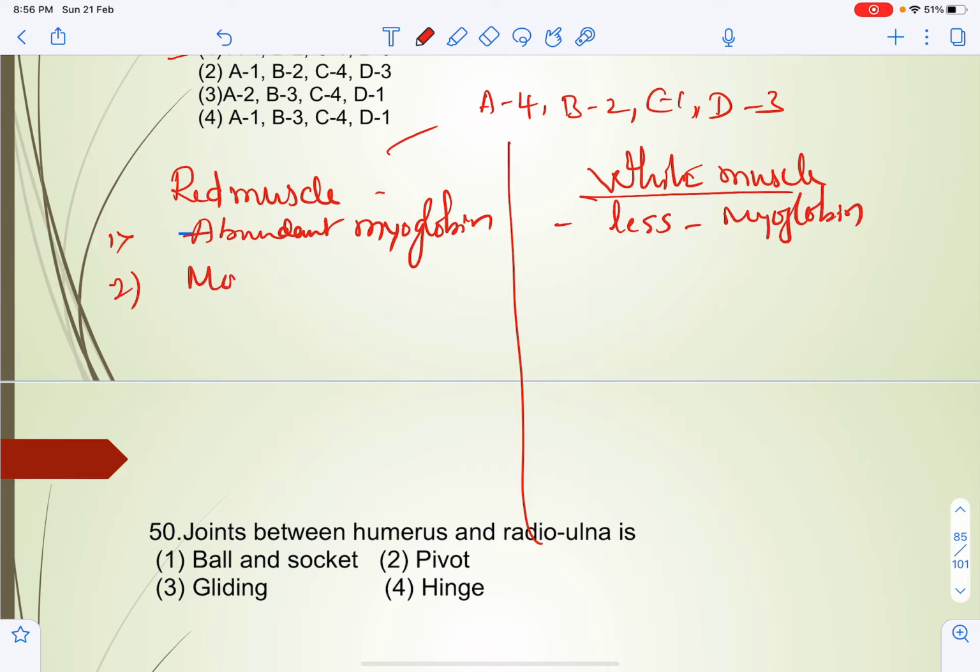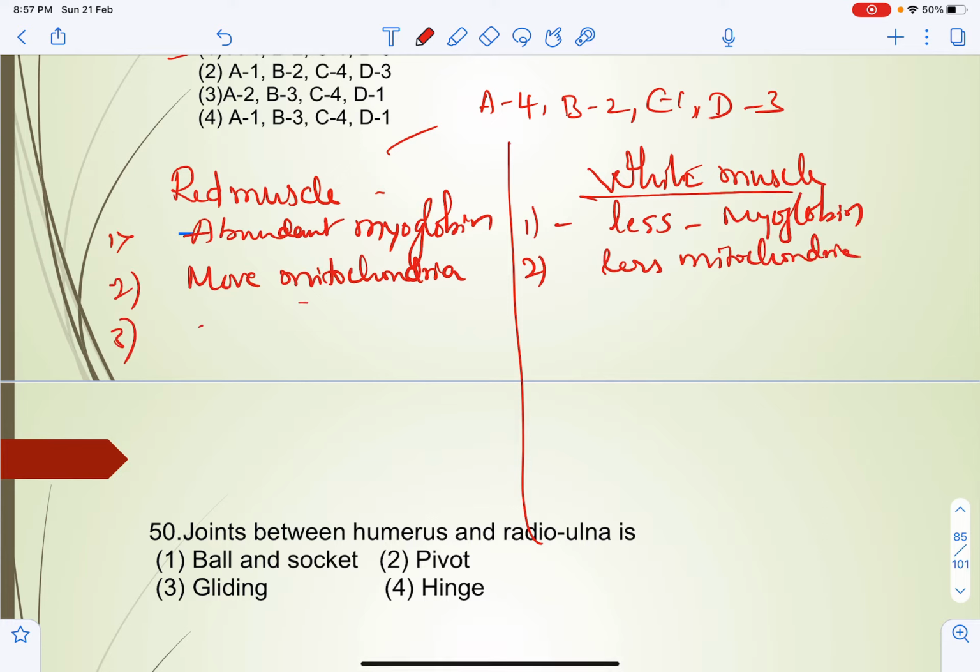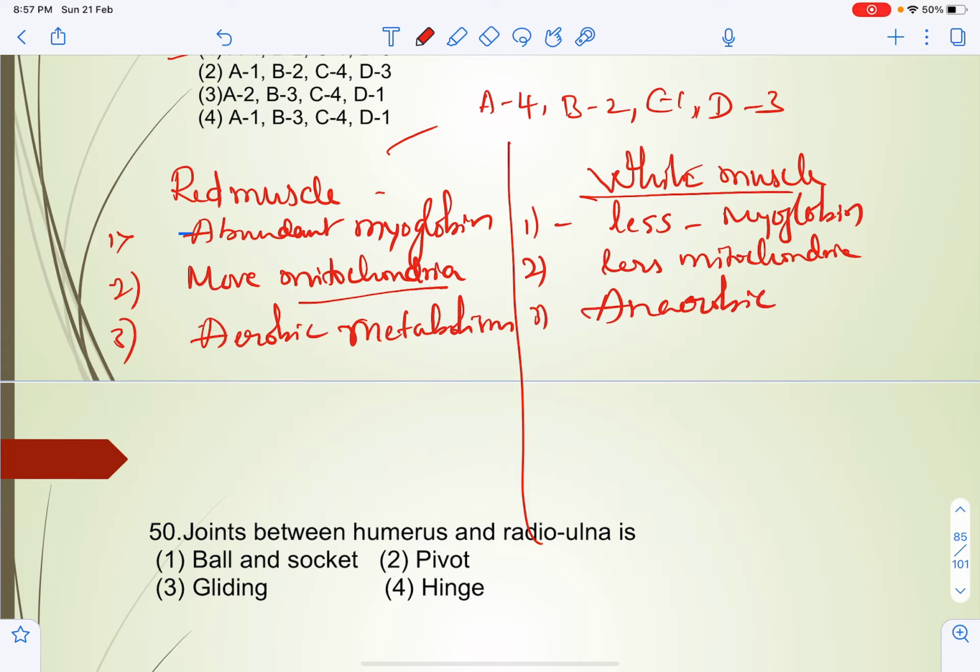These will be with more mitochondria, and these are with less mitochondria. As we know, more mitochondria means more oxygen is required, and they show aerobic respiration. We can also say aerobic metabolism, and here anaerobic metabolism, due to which lactic acid sometimes accumulates.